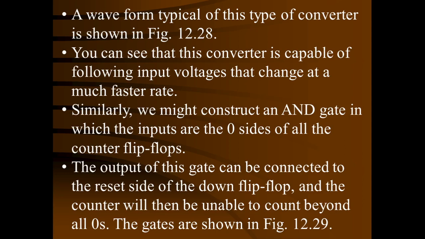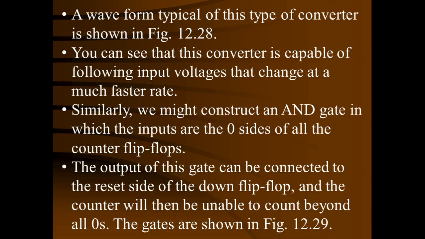So whatever drawback was there in the counter type converter is going to be eliminated here. In that case, the conversion time must be very large compared to the input response time; then the counter method was okay.